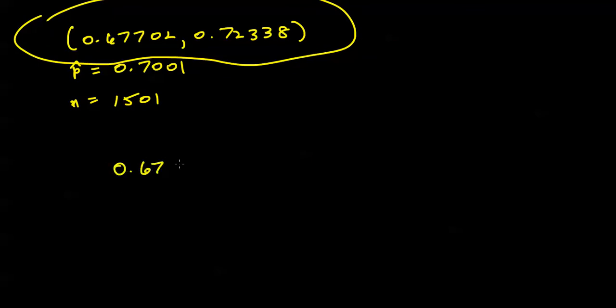The lower bound for my estimate for p is going to be 0.67702. The upper bound for my estimate of little p is going to be 0.72338. And the idea here is that hopefully p will land between these boundaries, at least with a 95% confidence.